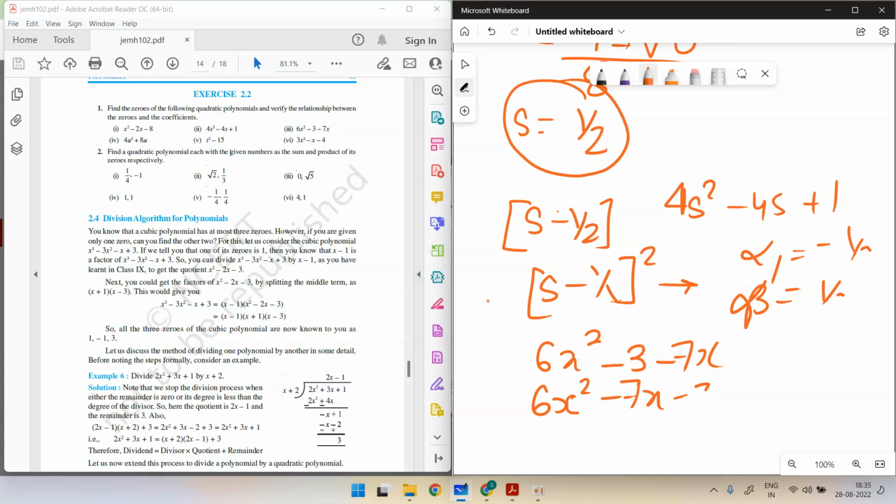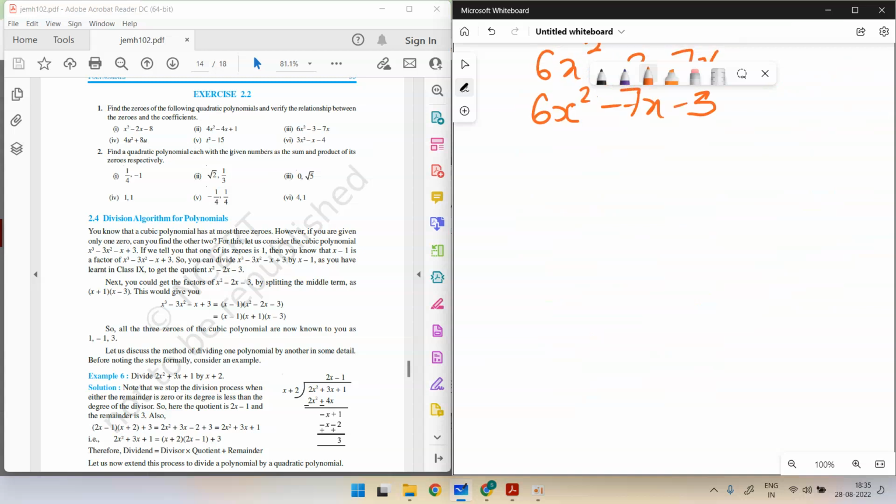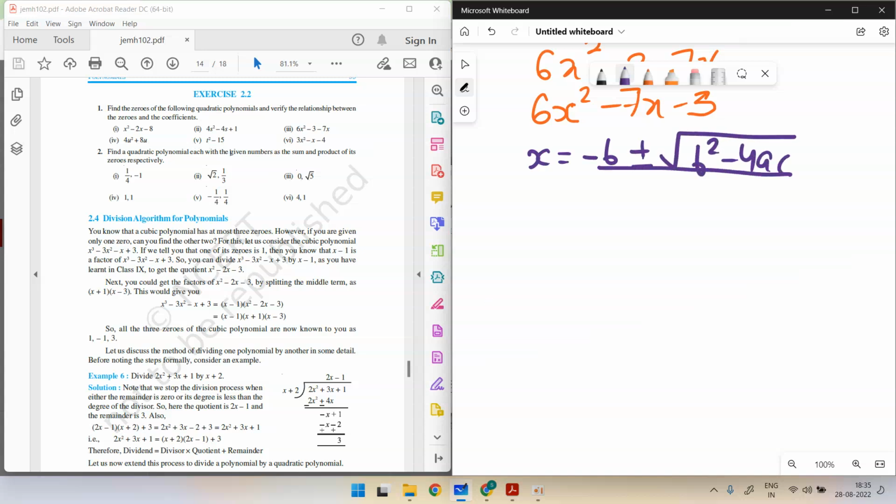I'm always saying, always write it in decreasing degree. So the value of x can be given as minus b plus or minus under root b squared minus 4ac, by 2a.